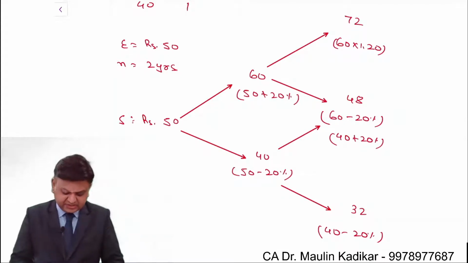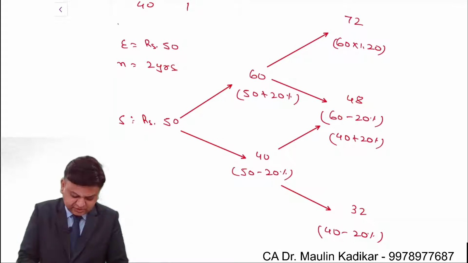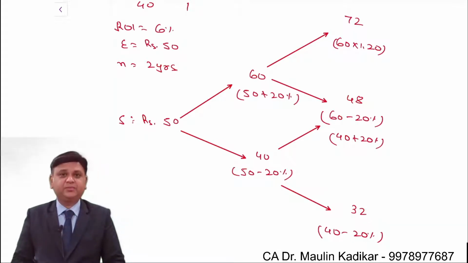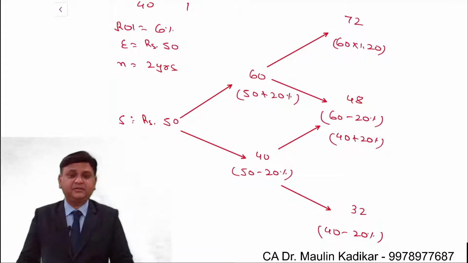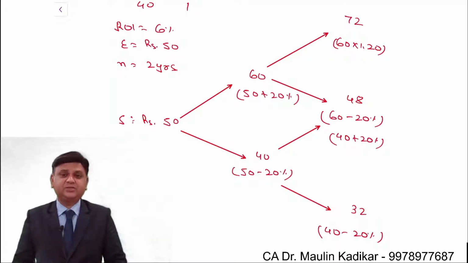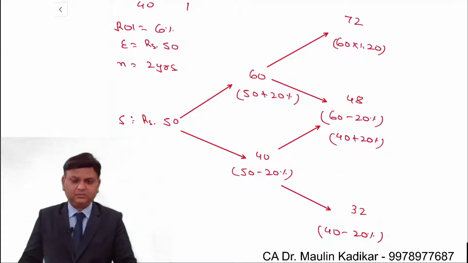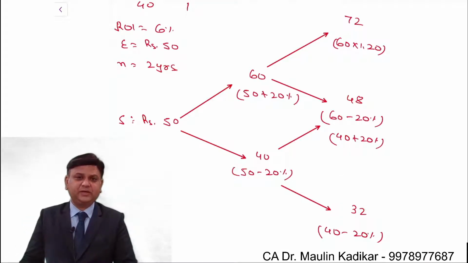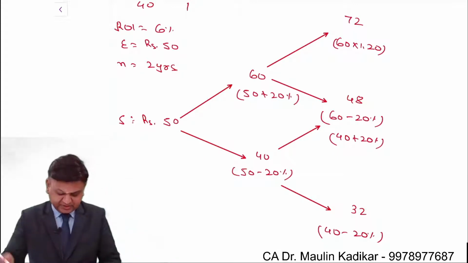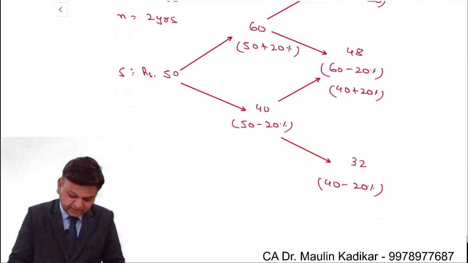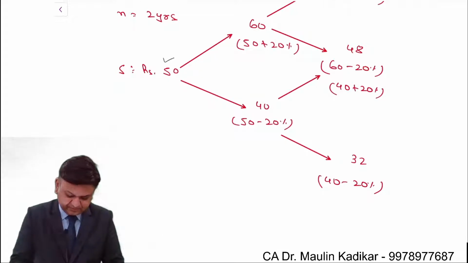The question says that if the rate of interest is 6%, you are required to compute the probability of the price increase, and based on that, you are required to compute the premium. So basically over here we are required to understand the information of the question like this. The spot price of the equity share is 50.